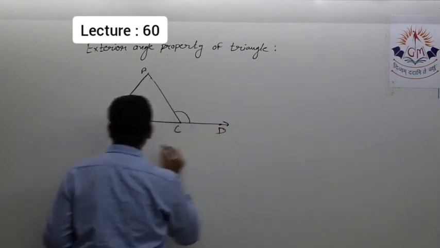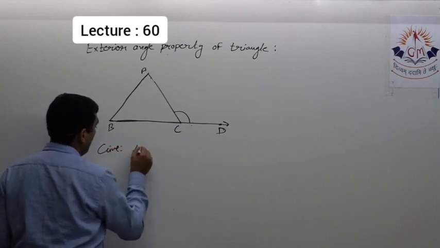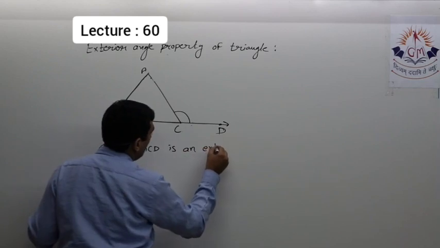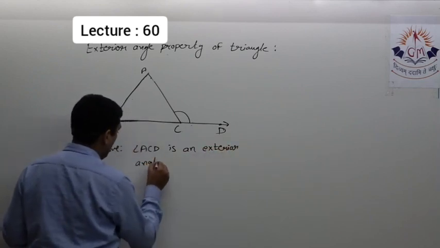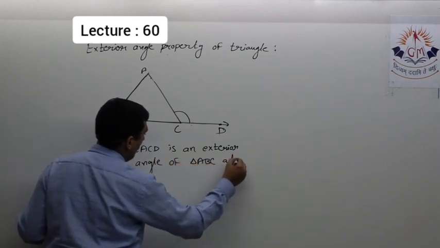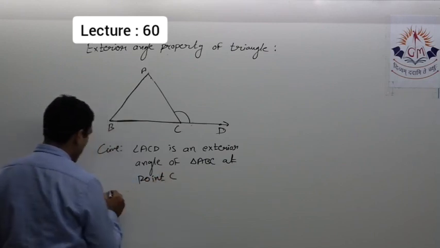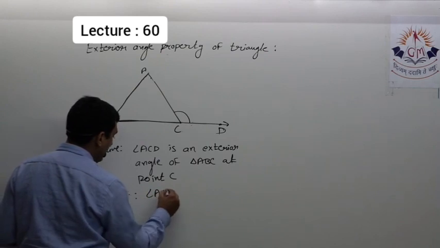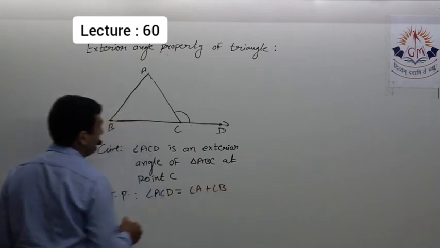What we have given: angle ACD is an exterior angle of triangle ABC at point C. That is given. What we have to prove: angle ACD is equal to angle A plus angle B.